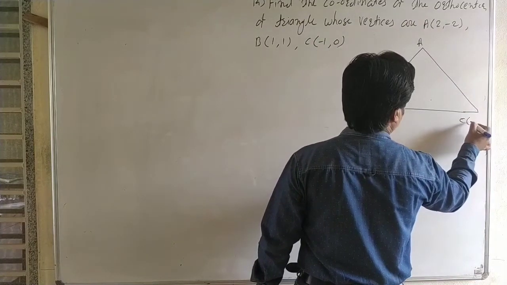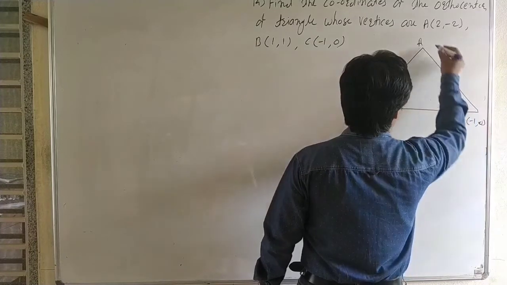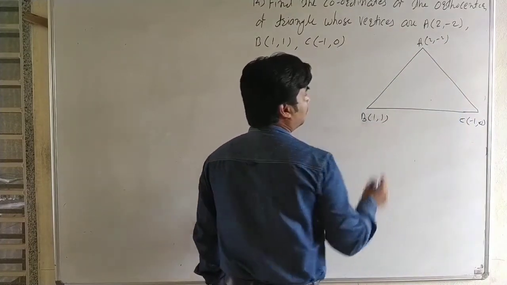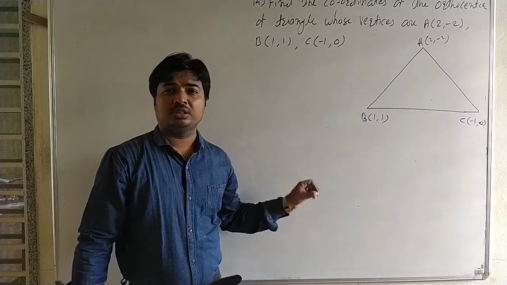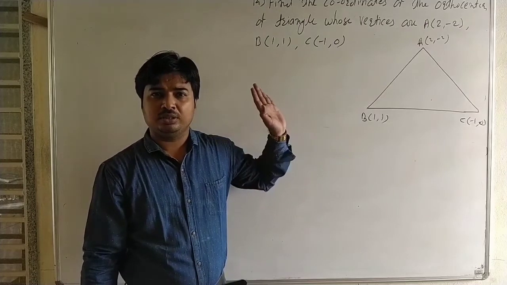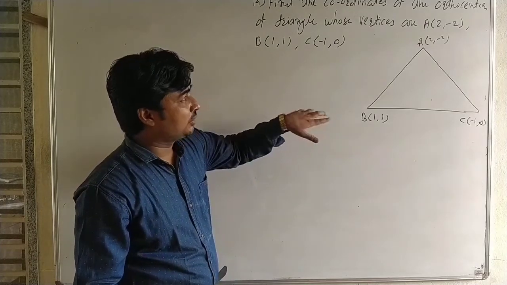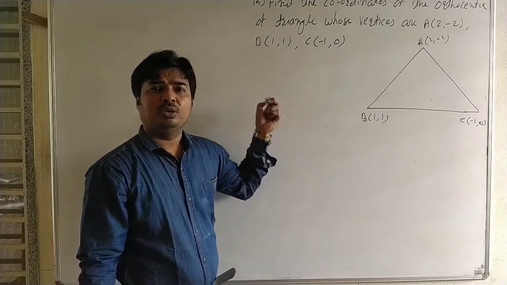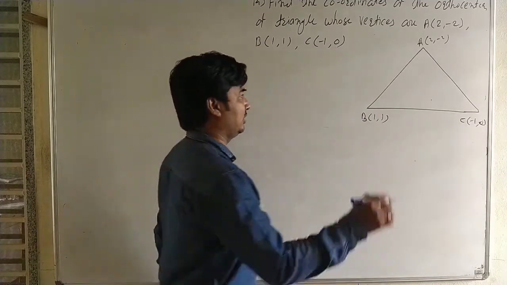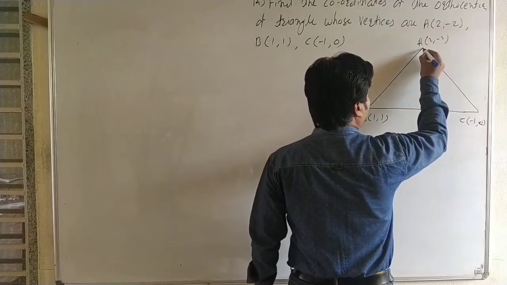Here C is (-1, 0), A is (2, -2) and B is (1, 1). There are three altitudes, but we only need to find two altitudes and then find their point of intersection.